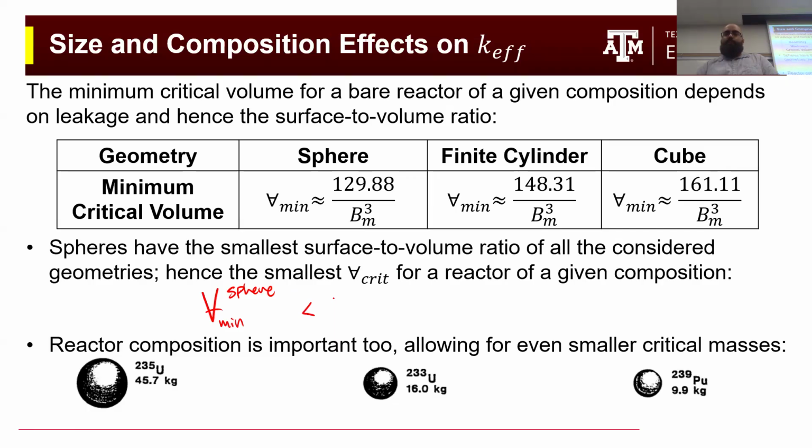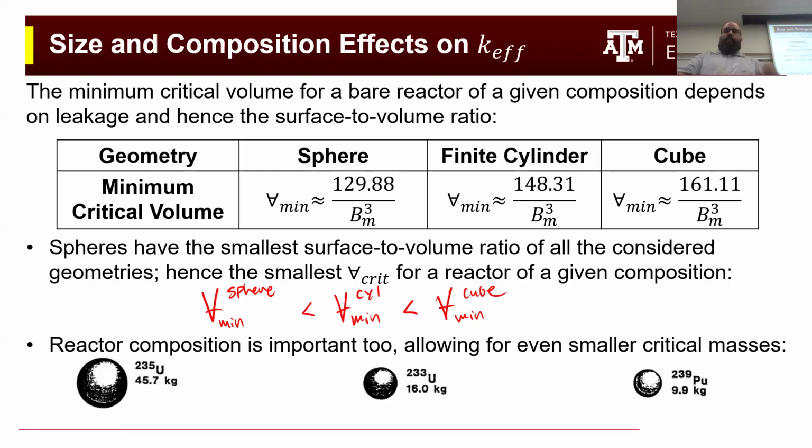The next most efficient would be a cylinder, so that's the volume minimum for a cylinder. And then the worst would be, in this case, a cube. The cube is going to have the largest volume. The sphere is going to have the smallest volume. That's why if we're trying to make a critical mass with the least amount of material, we're pretty much always going to pick a sphere.